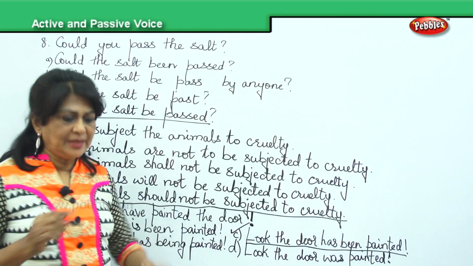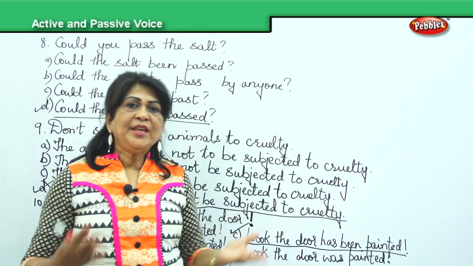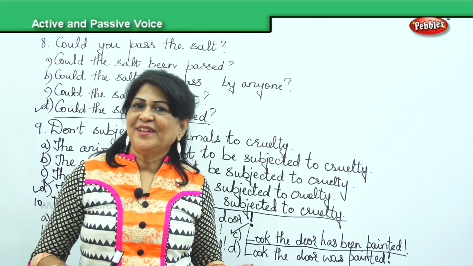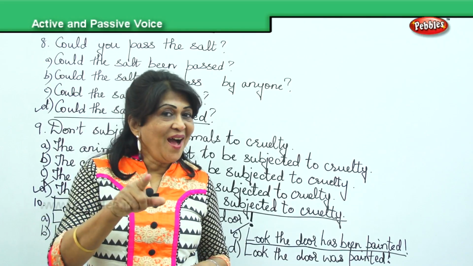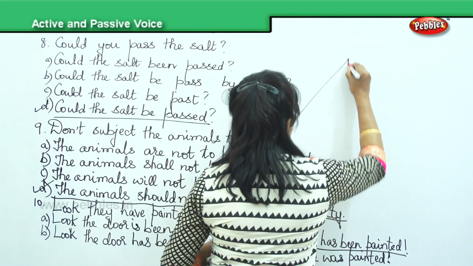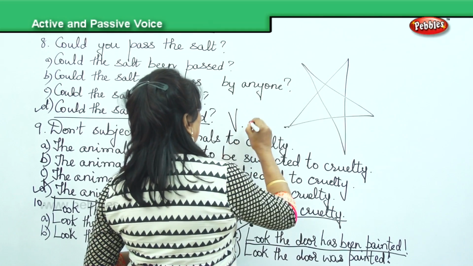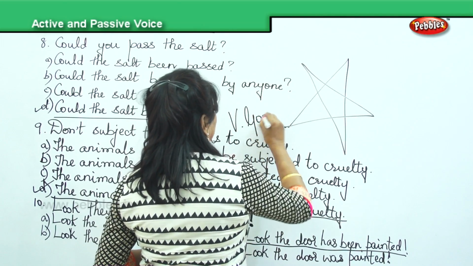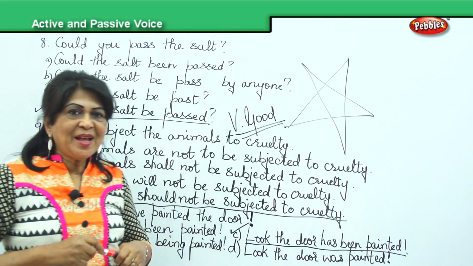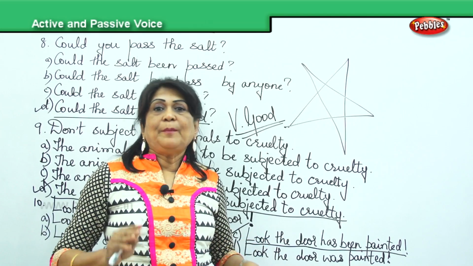Have you got all the 10 sentences right? Now, check out if any of you has got all the 10 sentences right, then you are the superstar. So, I have to give you a big star and I have to give you very good, because we end up or we wind up with active and passive voice.